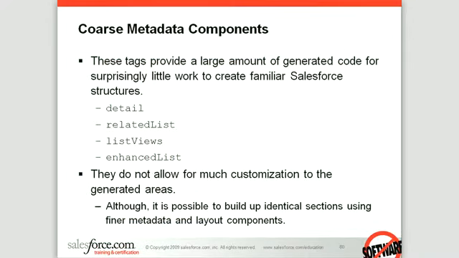All right, core metadata components. There's a number of tags which generate not just the bones or the skeleton, but actually the content, so they'll do both the structure and the content. The classic one that we've used already is the detail. It not only creates the fields, it also creates the sections. It recreates the page layout structure within your page. We also utilized a related list that displayed a related list of particular items.